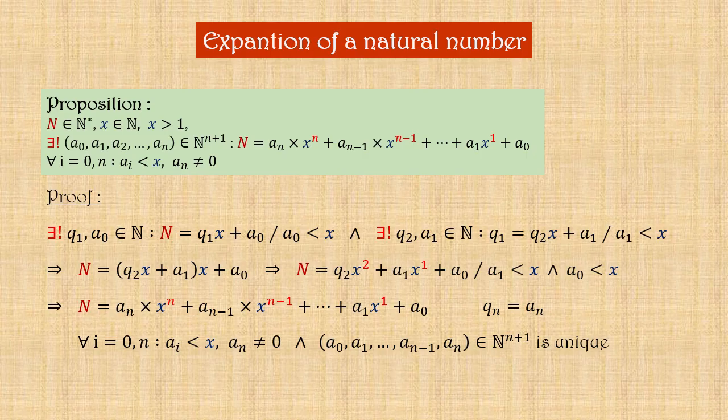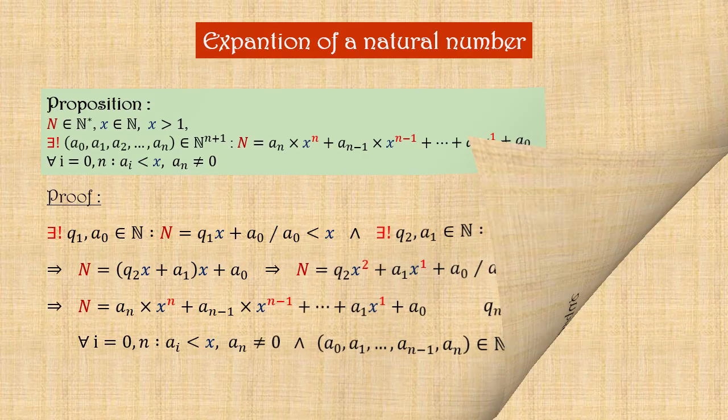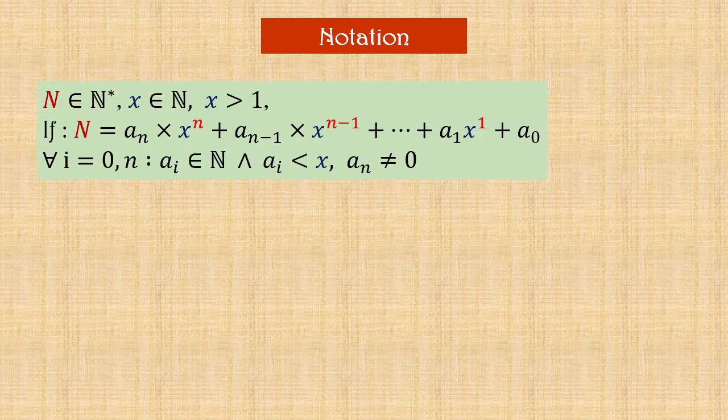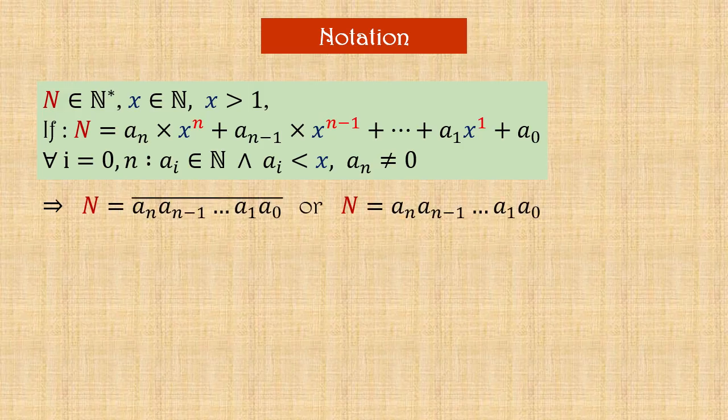Let's now see some mathematical notation about numeral systems. If capital N equals an multiplied by x to the power of n, plus an minus 1 multiplied by x to the power of n minus 1, plus, and so on, until a1 multiplied by x to the power of 1, plus a0, such that the numbers from a0 to an are natural numbers strictly lesser than x, and that an is different from 0, then we can write the number capital N as equal to the juxtaposition of the numbers from an to a0.